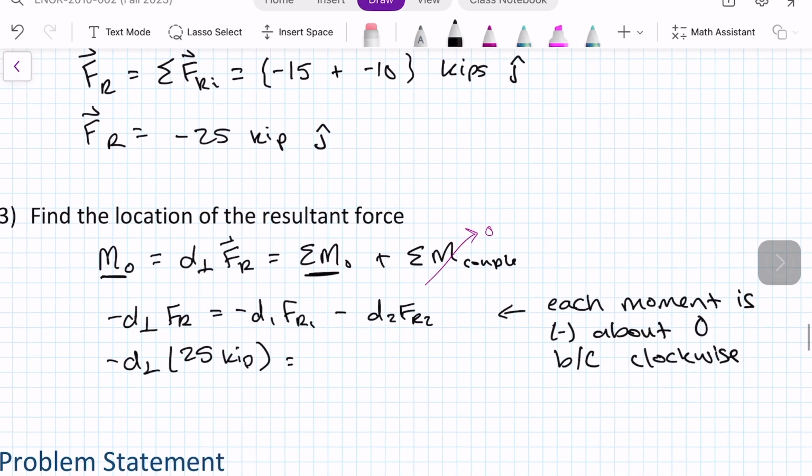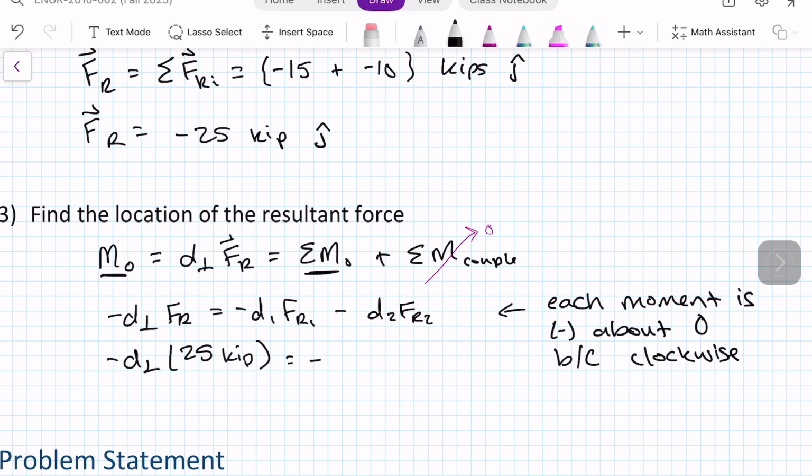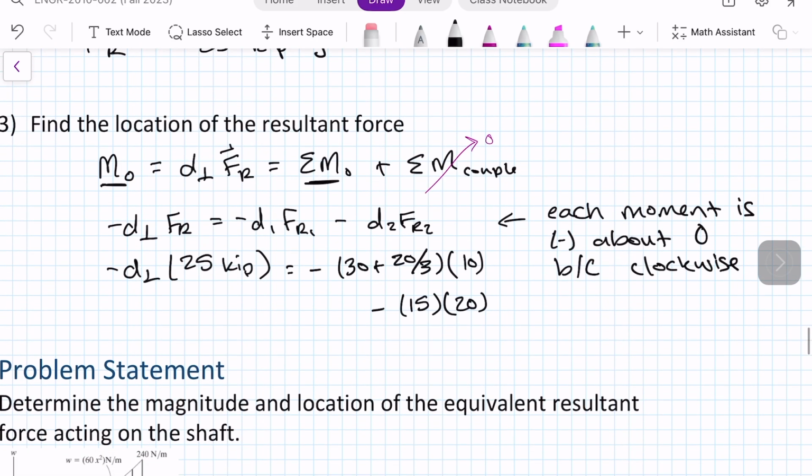So let's put it down over here in our equations. Now we have negative D perpendicular times 25 equals negative D1, which was 30 plus 20 over 3 feet, times the 10 kips, minus our 15 kips multiplied by 20, which was the moment arm for that one. We just solve for this D perpendicular.